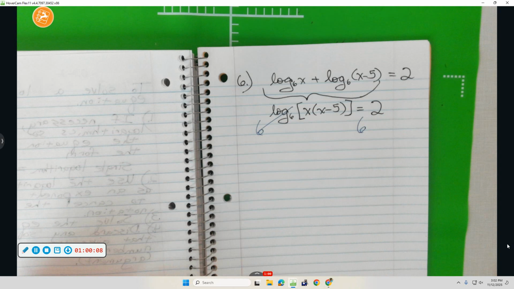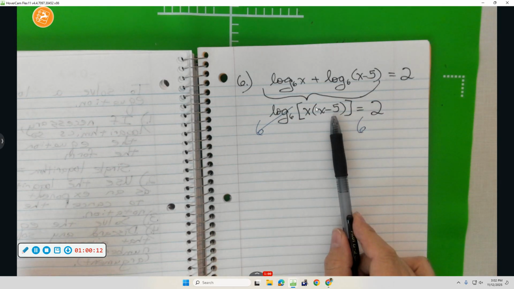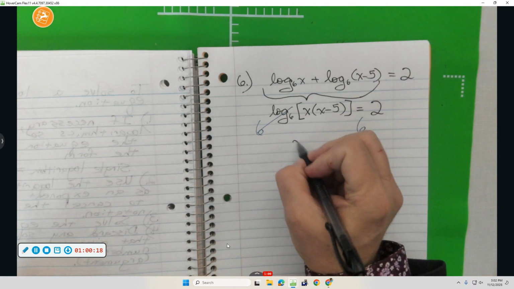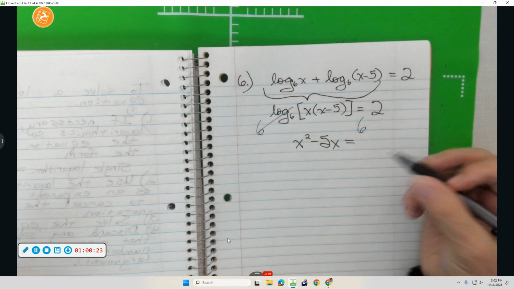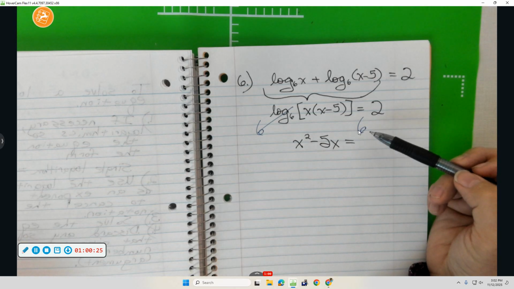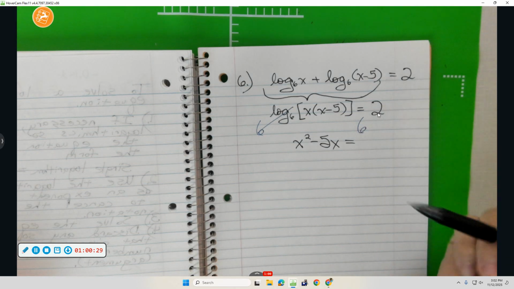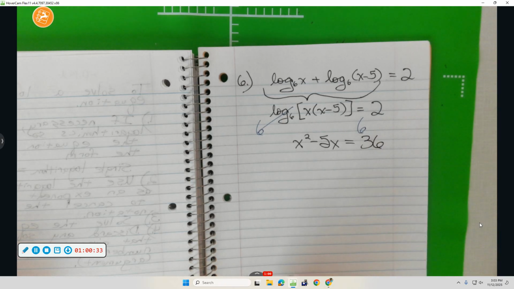You just cancel that out. Well, x times x minus 5, we know we're going to distribute, so you have x squared minus 5x. What have we got on the right side? It looks funny, but it's trying to say 6 squared, which is 36.